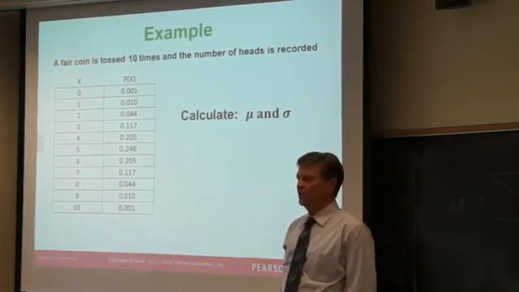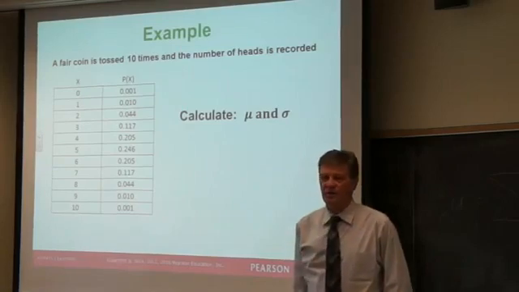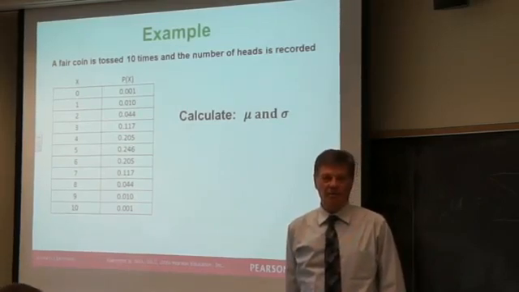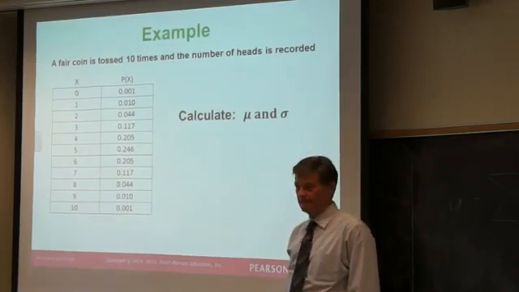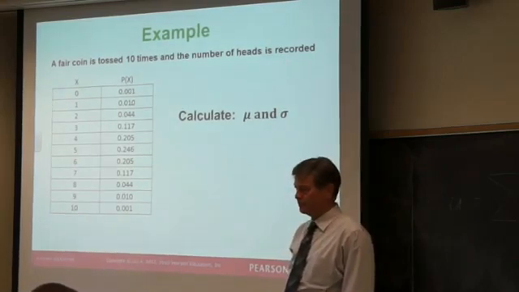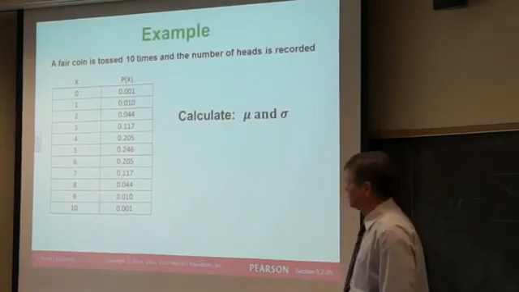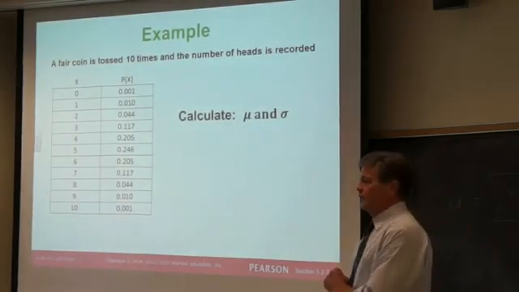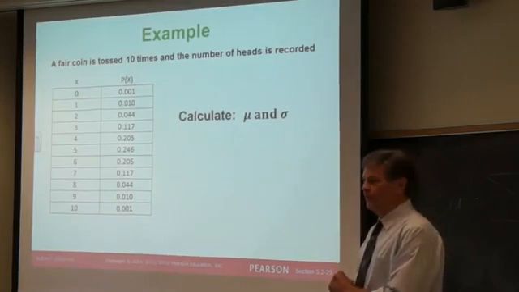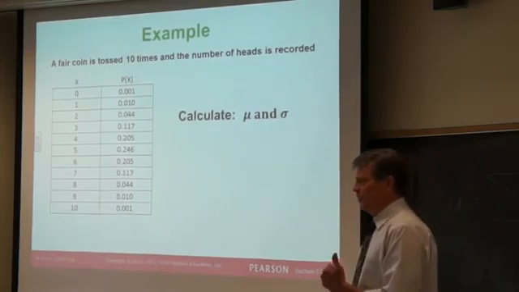We're going to calculate the mean, standard deviation, and variance of that probability distribution. When you finish putting those in, give me a thumbs up so I know when to proceed.